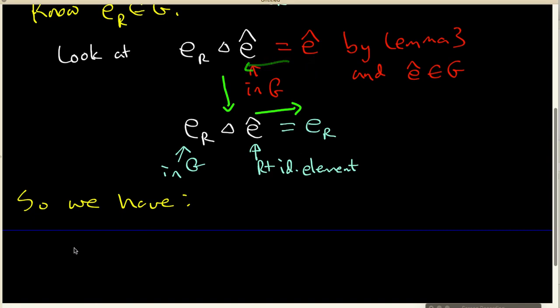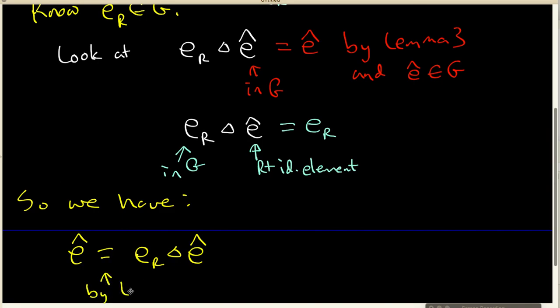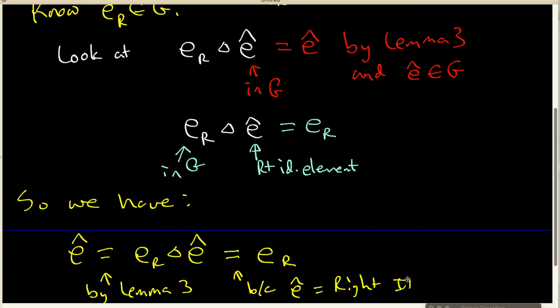So what we have is this. We know that E hat is equal to ER triangled with E hat, and this is by lemma 3. And then we also know that this expression is equal to ER, and this is because E hat is assumed to be a right identity element.